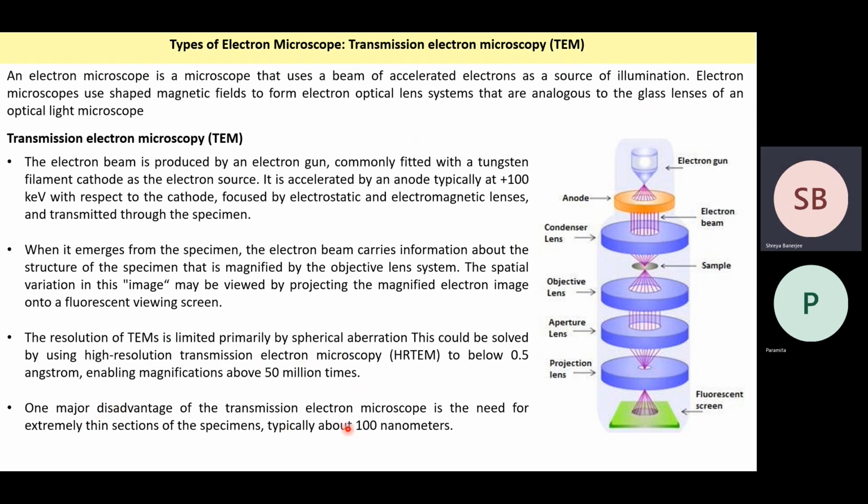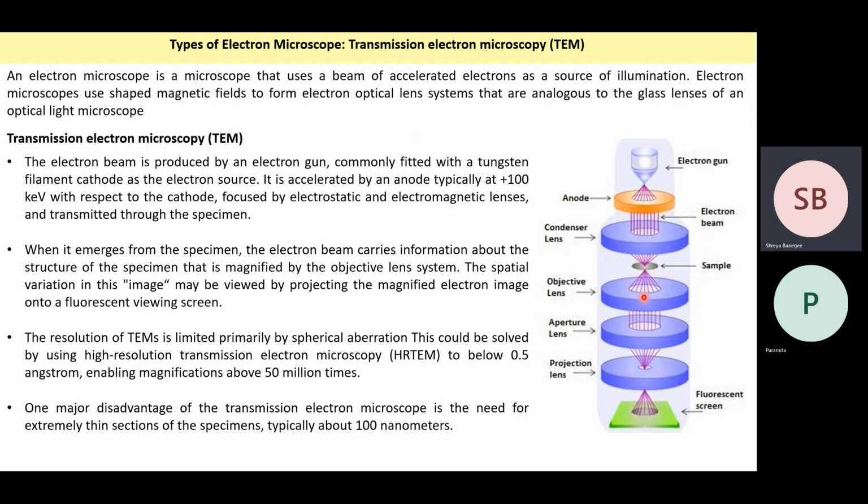The disadvantage of the transmission electron microscope is the need for an extremely thin section of the specimen, of around 100 nanometers. So basically, if your specimen is thick, the electron will not pass through it, because you have to remember that the electron is not like the photon. In light, even if the specimen is a little bit thick, the light will pass through it because the size of the photon is very small.